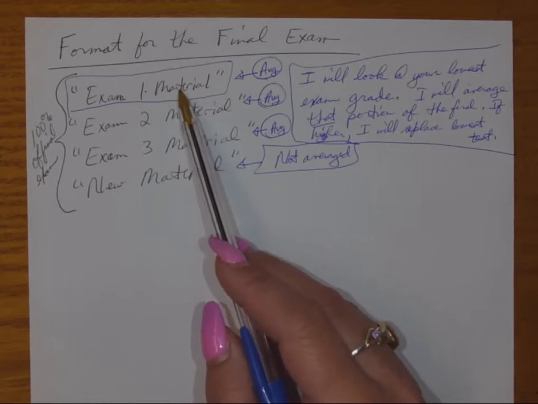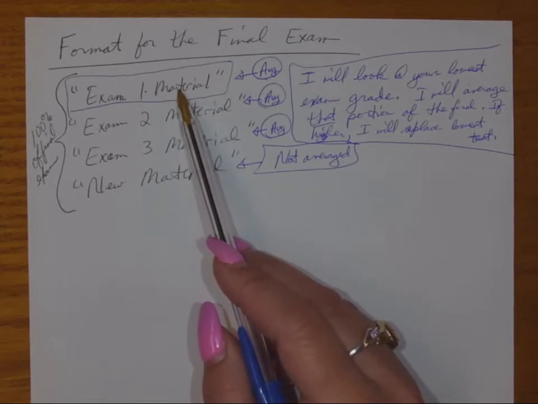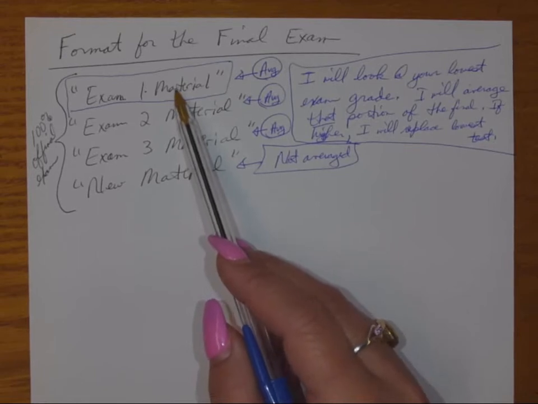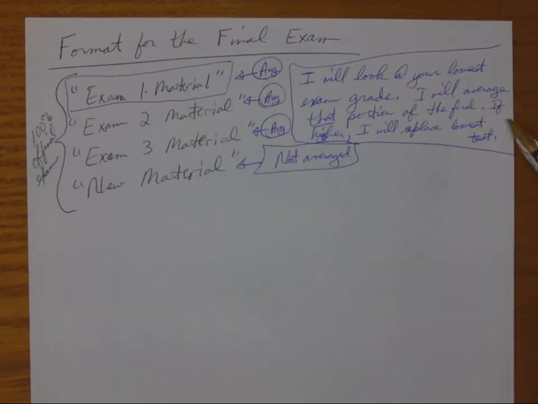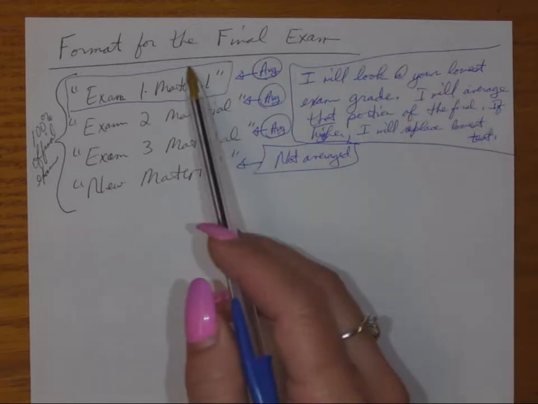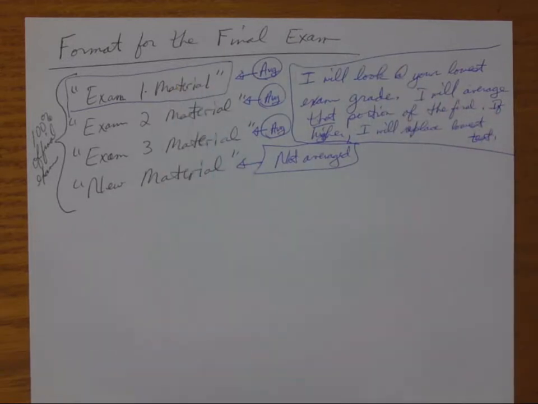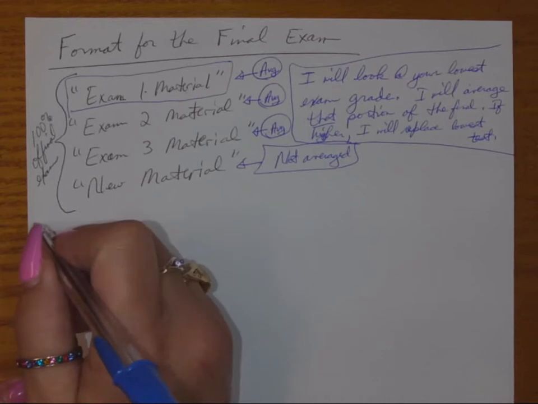So if you made a 70 the first time and you made a 69 on that portion of the final, then you'll keep your 70. That's fine. But if you made a 70 when you took exam 1, but whenever I grade that portion of the final and average it, you have an 80, then congratulations. I will change exam 1's grade and make it higher. So I will only do it to your betterment, not to your detriment. Okay, so I will make that better for you.